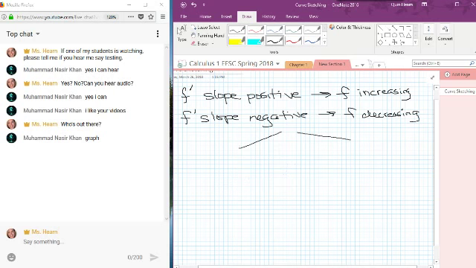But it's possible for a graph that's going upward or increasing to be going upward in this manner, or it could be going upward in this manner. The first one we call concave up. Looks like it could hold water.